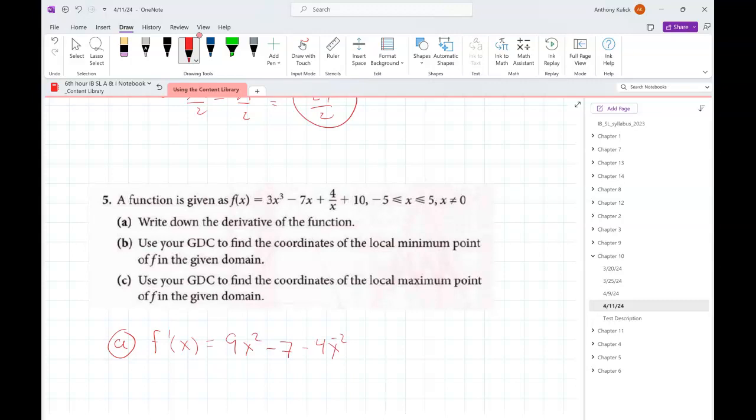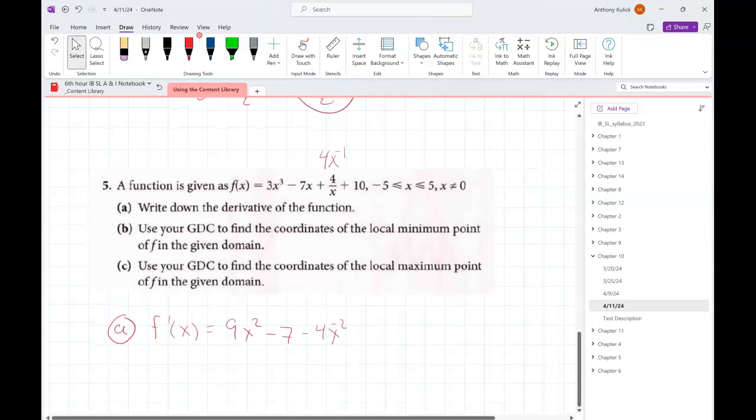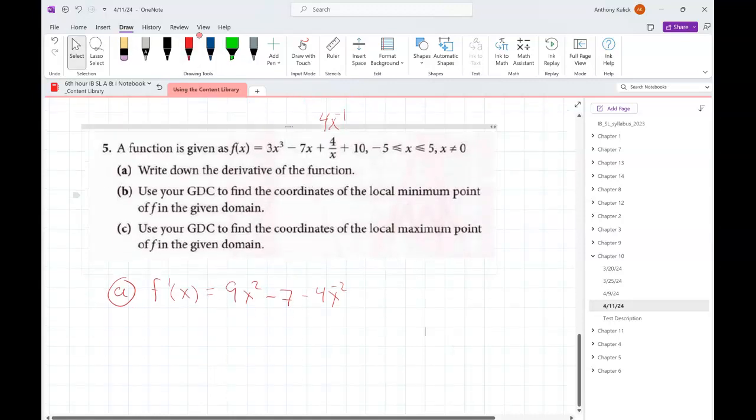Great. So again, to do that, what Diego did is he thought of 4 over x as 4x to the negative 1, and then used that same power rule for derivatives. Okay. So if we're looking for the local maximums and minimums, what are we going to do with this?